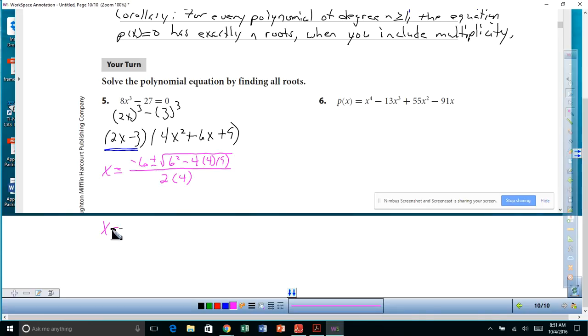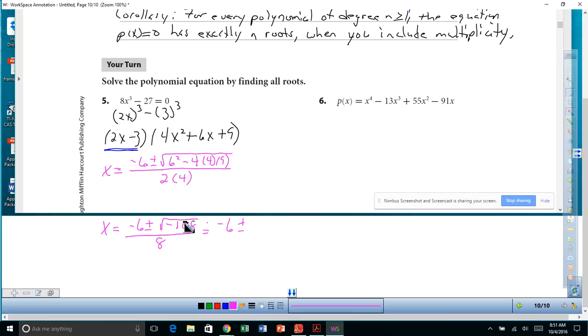That gives you x equals negative 6 plus or minus the square root of 36 minus, and that becomes negative 108. I did it in the calculator, negative 108 all over 8. Well, negative 108, that's 36 times 3. So that's going to be negative 6 plus or minus the square root of negative 36 times 3.